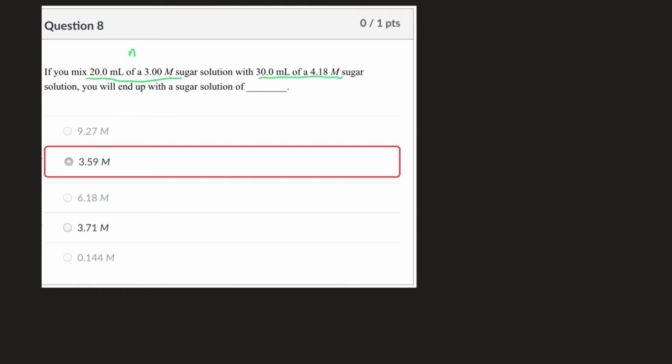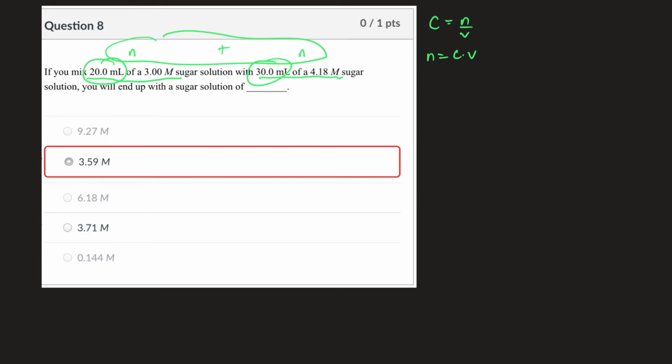Take these, figure out moles, and then add those 2 together. That'll give you the total number of moles in the solution, and then you divide it by the total volume of the solution, which would be 20 plus 30, or 50. So let's do it. So concentration is equal to moles over volume.